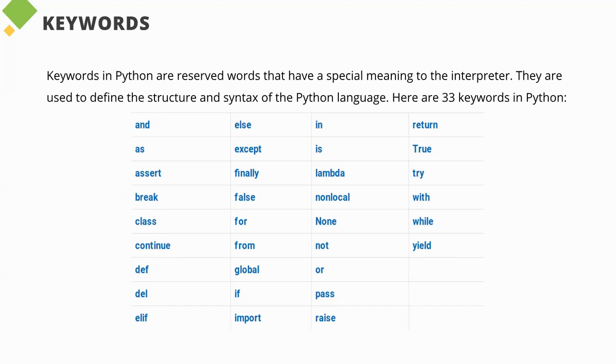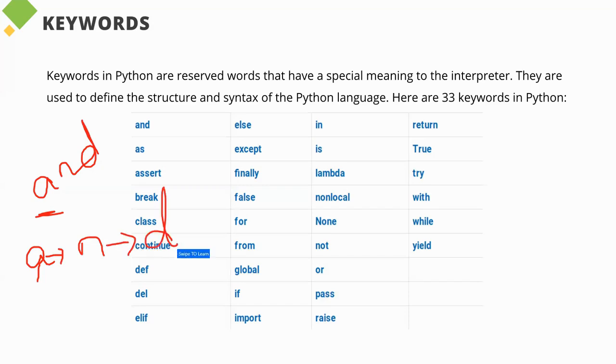So whenever you write and, the compiler, as you can see in the theory of computation, is how the machine goes from the high level language to the low level. Firstly it reads the letter a. If the next letter is n, then it maps with the keyword and. If the next letter is also d, then it says this is a keyword and it has some functionality to perform.